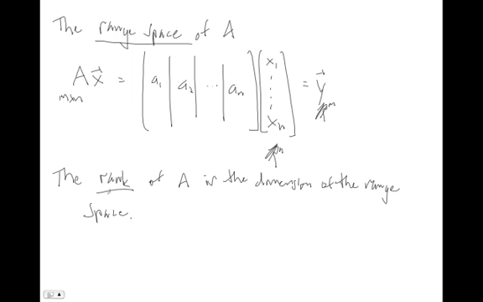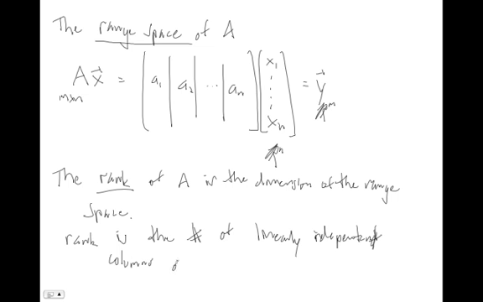Another way to think about this is the definition of the rank, but it's also the case that the rank is the number of linearly independent columns of A. So if the range space is all of the possible combinations of the columns, then who cares if this column A_n is already just some linear combination of A1 and A2?